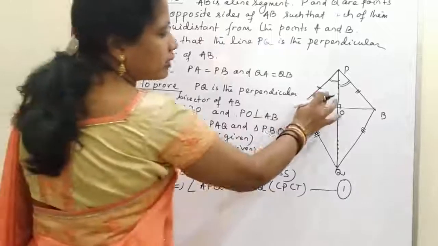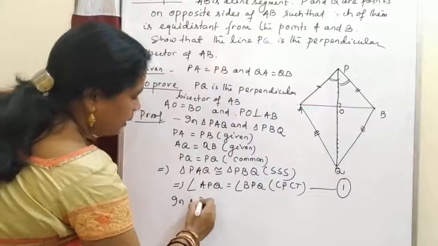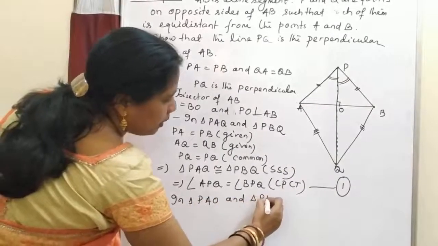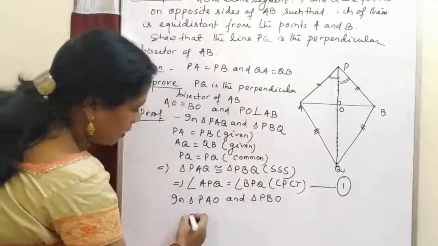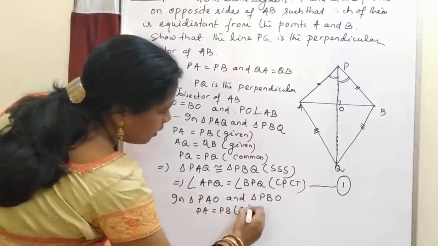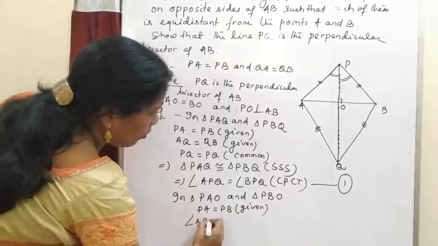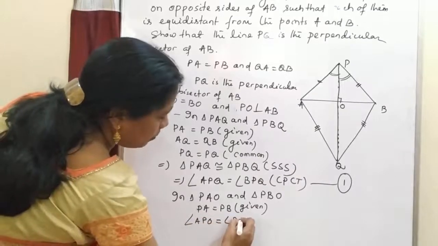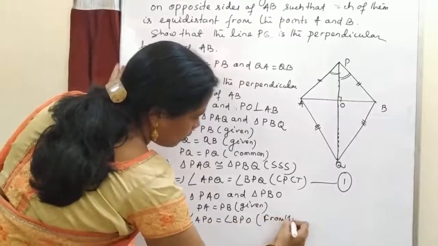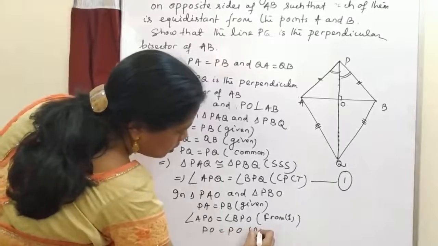Now we'll take these two triangles. In triangle PAO and triangle PBO, what are the equal parts? PA is equal to PB, this is given. Then angle APO is equal to angle BPO from 1, and PO is equal to PO, which is common.